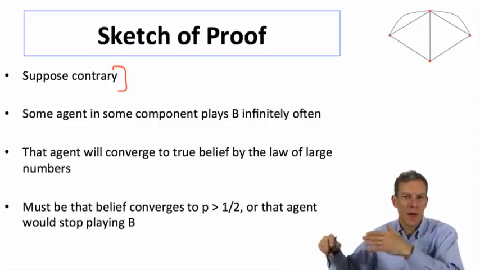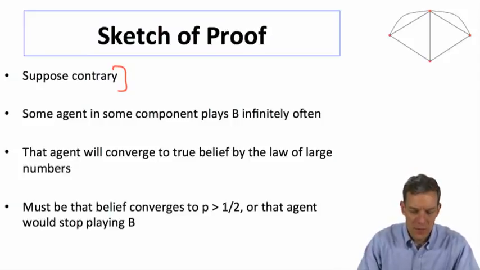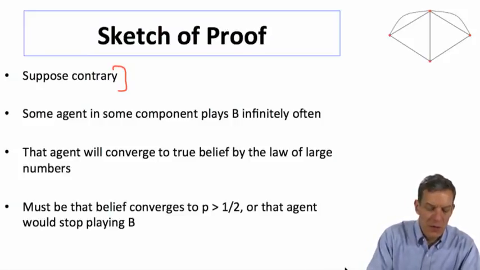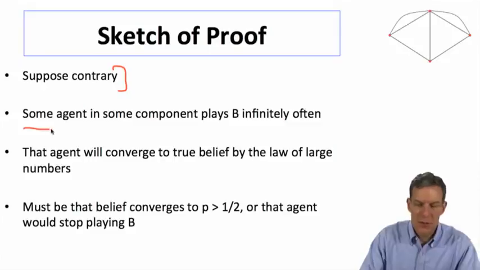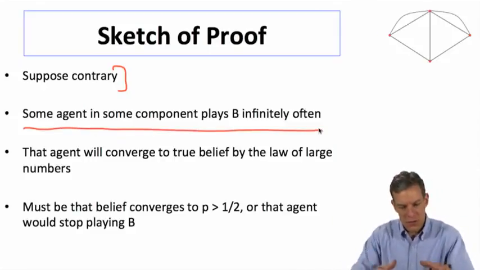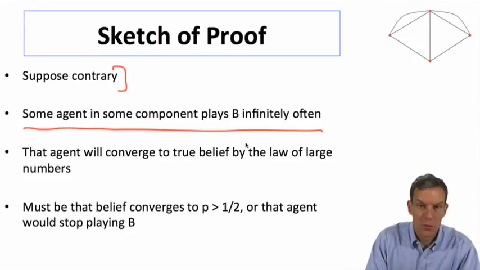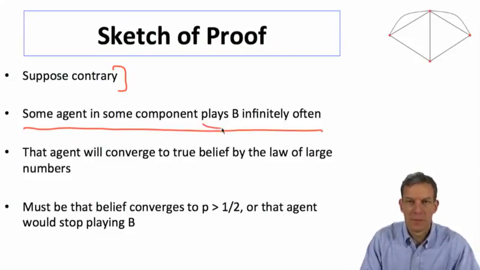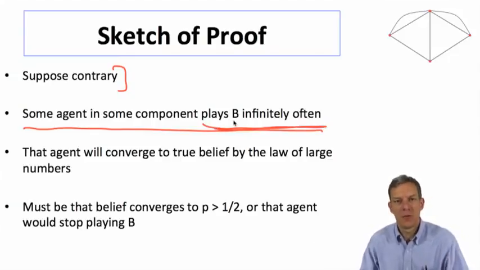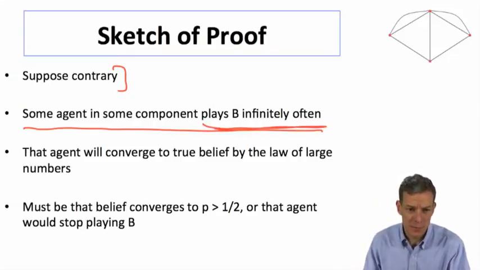So somebody's got to be going back and forth between A and B infinitely often. Let's suppose we just have one component, and this works regardless of which component you're looking at. So if we don't converge, somebody's got to be playing B infinitely often.